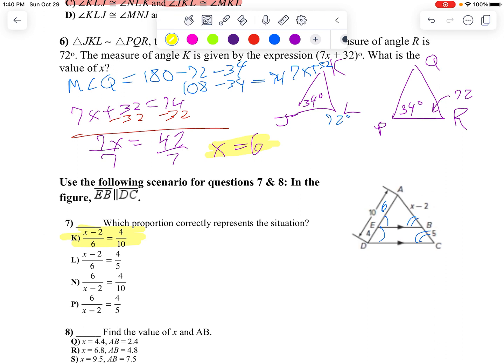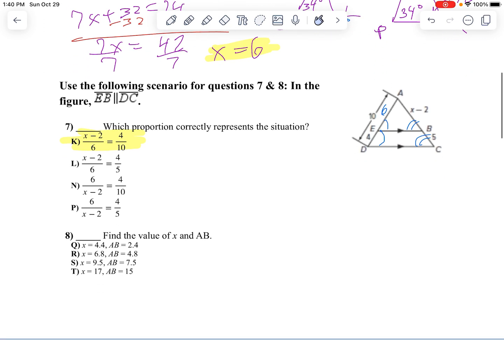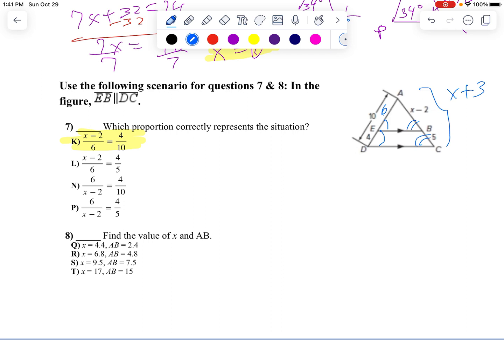Let's actually solve this on question number 8. And so what I'll do here is I'll look at this big triangle. That's 5 minus, that's x, and then negative 2 plus 5 is 3.